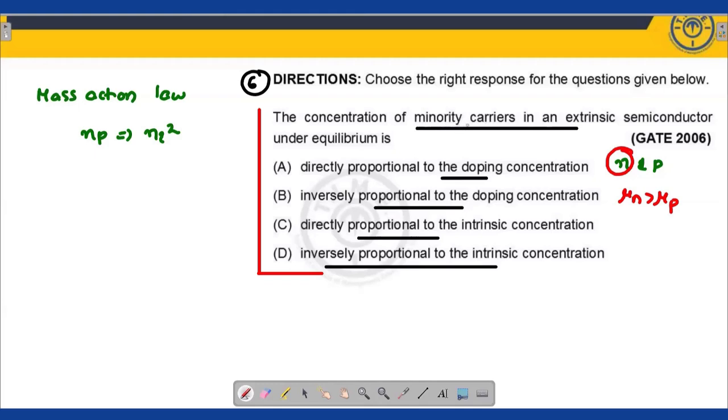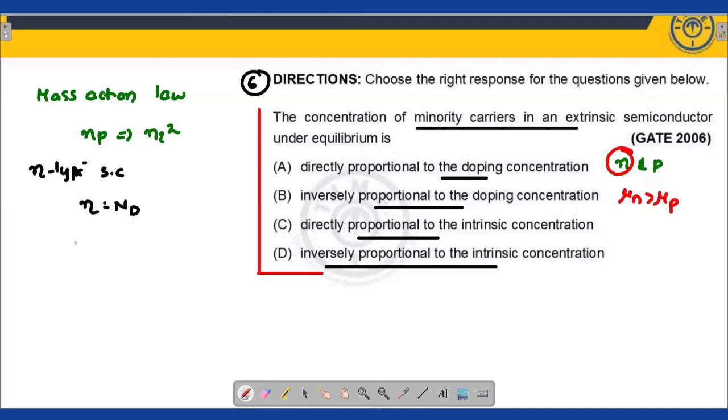So, minority carriers, my dear friends, let me go for it. Very important is that we need to check over here. Because I told you generally we are going to prefer the N-type semiconductor, for N-type semiconductor, N is equal to Nd.